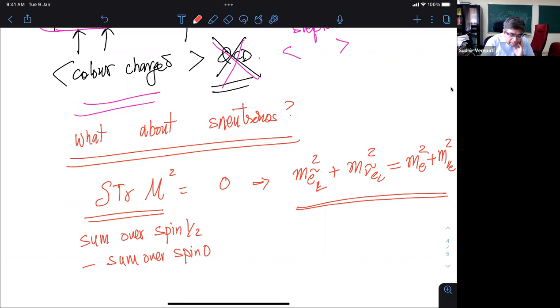It turns out that if you break supersymmetry spontaneously, these relations should still be valid.